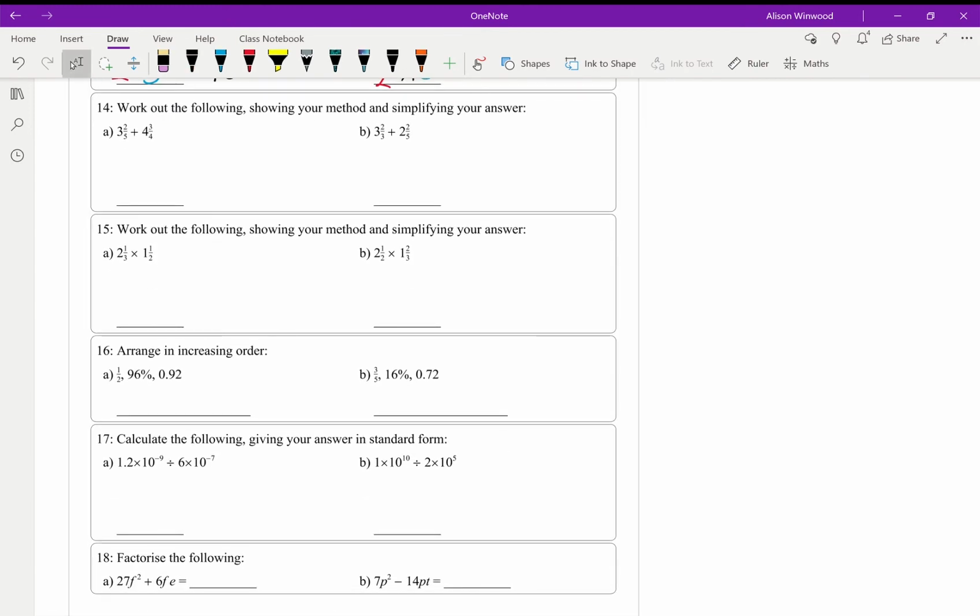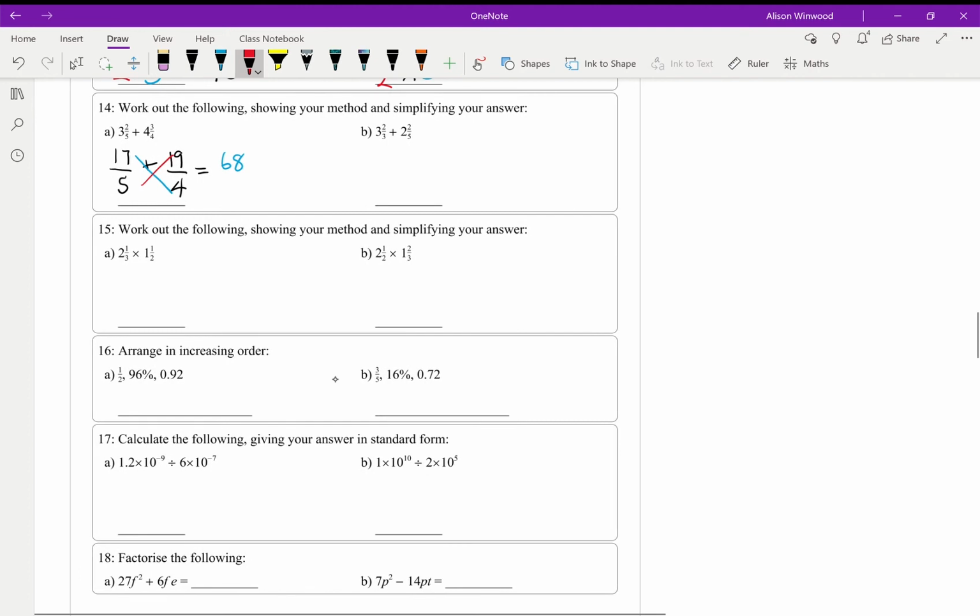All mixed fractions questions, change them to top heavy first. So we change this to 17 over 5 plus 19 over 4. Then addition and subtraction is the cross multiplying method. So 17 times 4 is 68. 5 times 19 is 95.